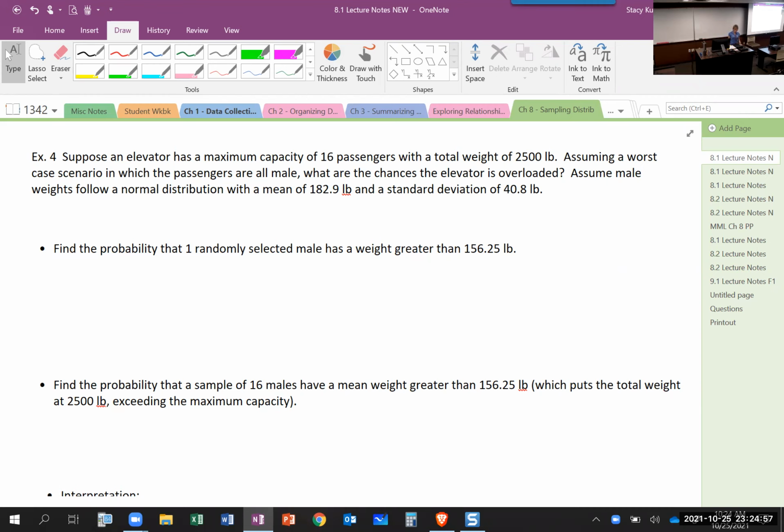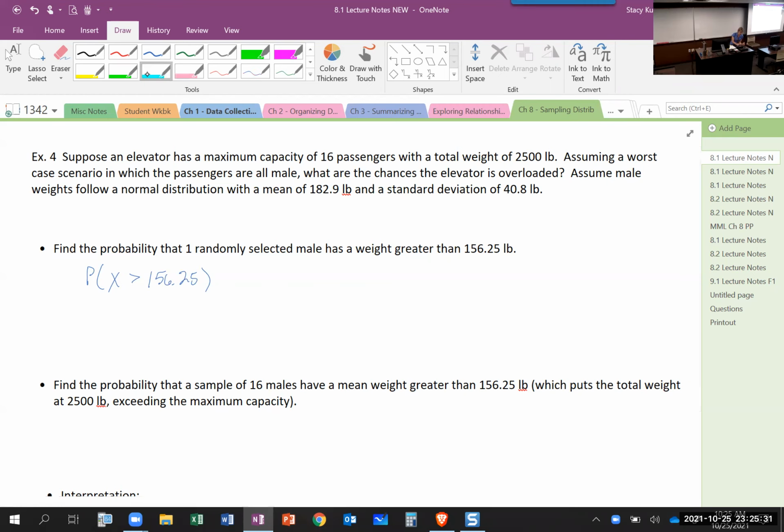We want to find the probability that one randomly selected male has a weight greater than 156.25. Now, a couple of things here. What we're looking for, the question says, what is the probability that some male, that's just a variable X, some guy out there, has a weight greater than 156.25?